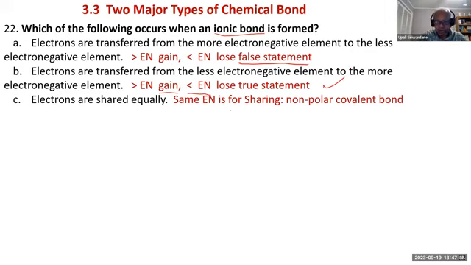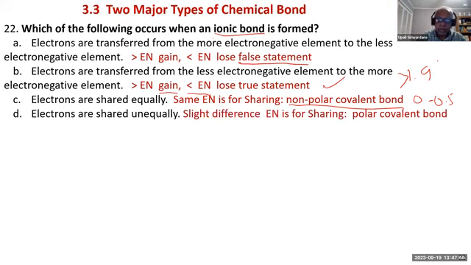Electrons are shared equally. That is a non-polar covalent bond, with a difference between 0 and 0.5. An ionic bond is formed when the electronegativity difference is greater than 1.9. So B is the correct answer.